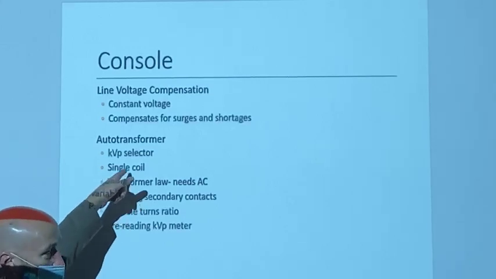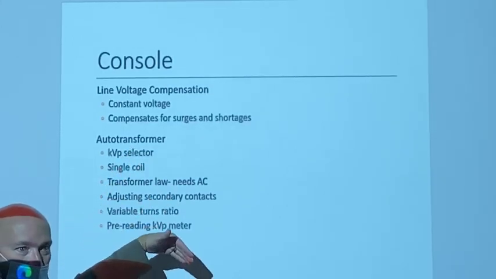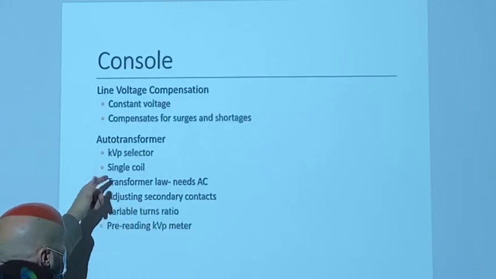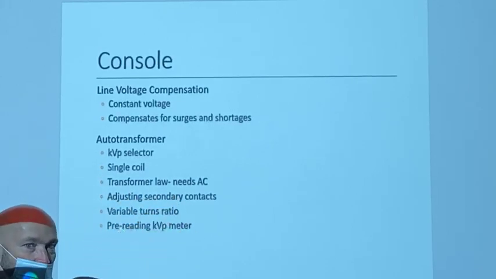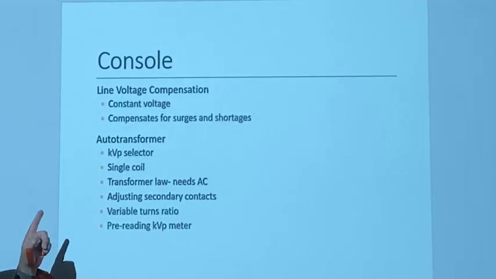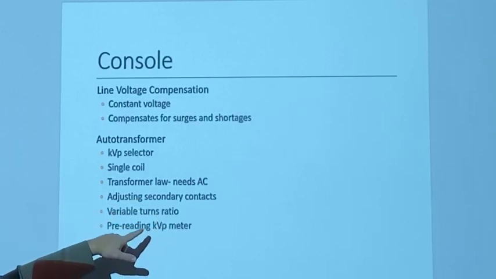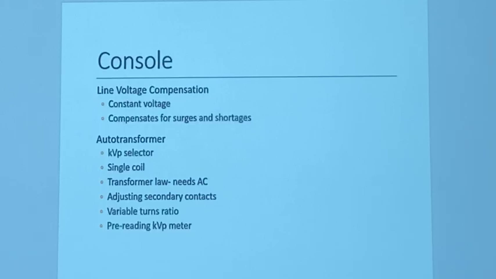So if we know what our voltage is coming out of an auto transformer, because of the transformer law and the high voltage transformer, we know exactly what our KVP is going to be once we run it through the high voltage transformer. And that's why we can use a pre-reading KVP meter, because we know if our voltage is right, our kilovoltage is going to be right.